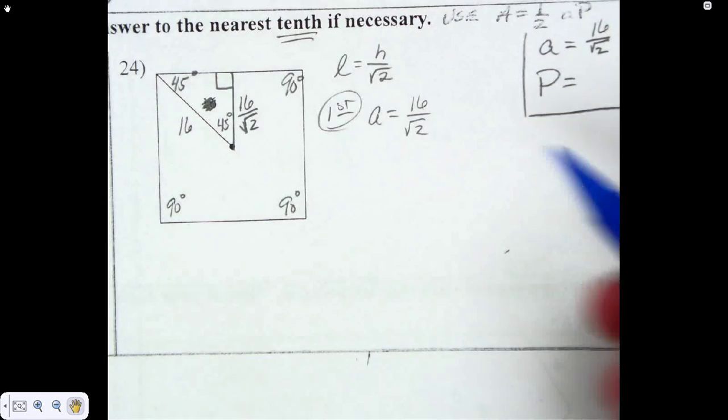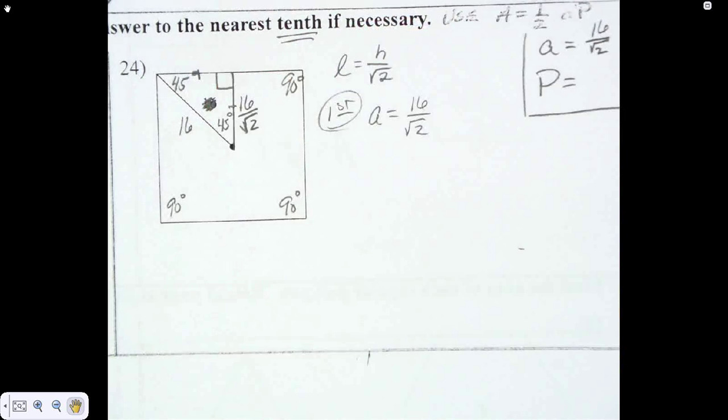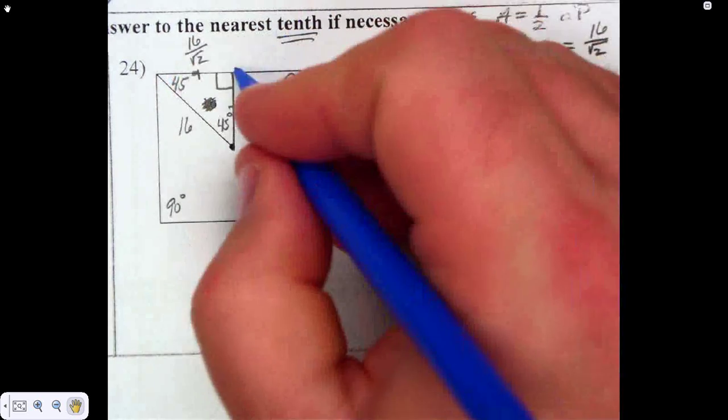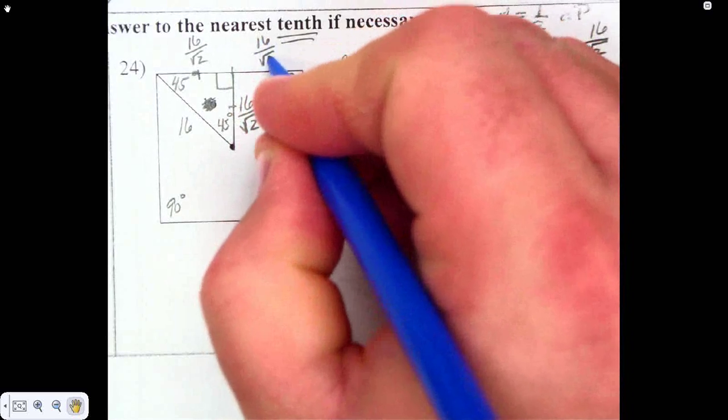My apothem is what? 16 divided by what? Square root of 2. Now here's the deal. If this is 16 divided by square root of 2, what's this side? Huh? 16 divided by square root of 2. Making this other half what? 16 divided by what? Square root of 2.